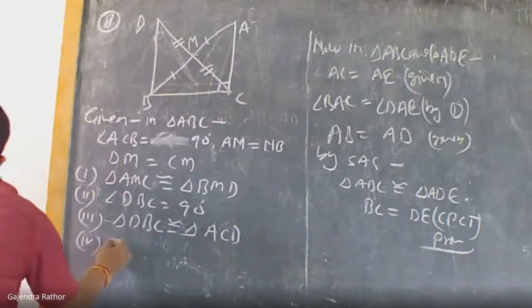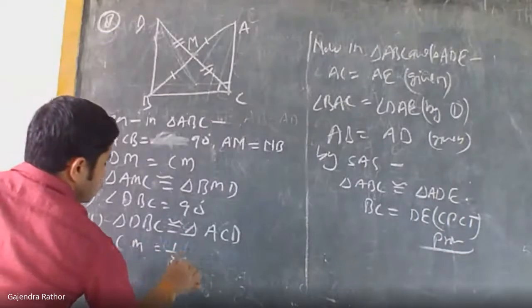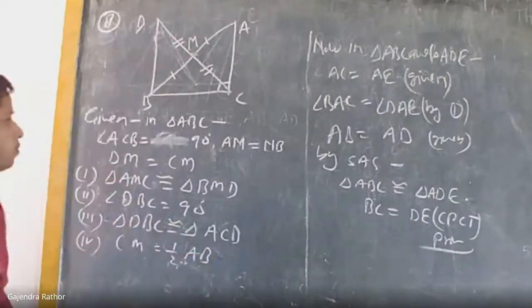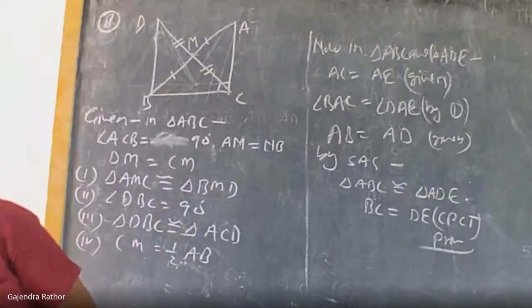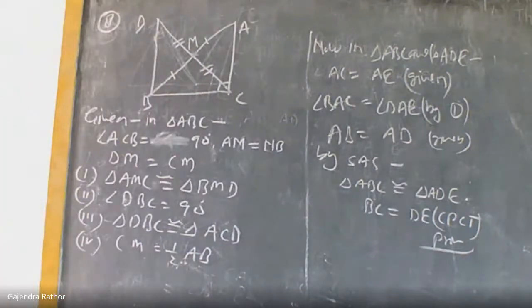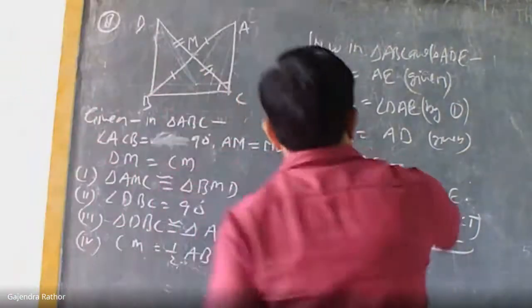Fourth point, CM is equal to 1/2 AB. These 4 points we need to prove. So let's start to prove these 4 points one by one.